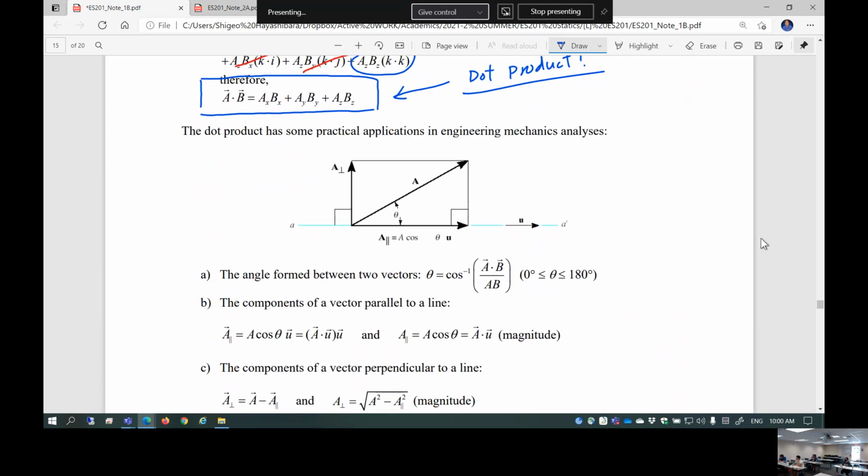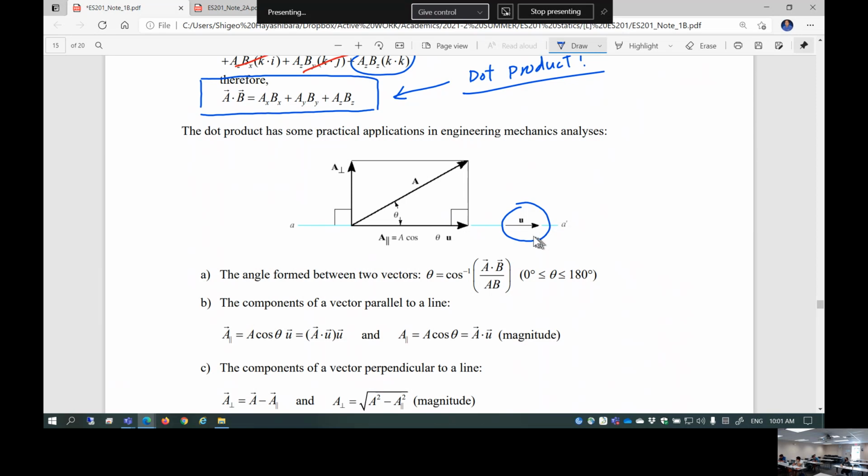Now, this is a practical application of dot product for engineering mechanics, such as the homework you are going to work on today. Okay, so let's say you are given a line A prime. You can express this line A prime by finding the unit vector lined up with that line.